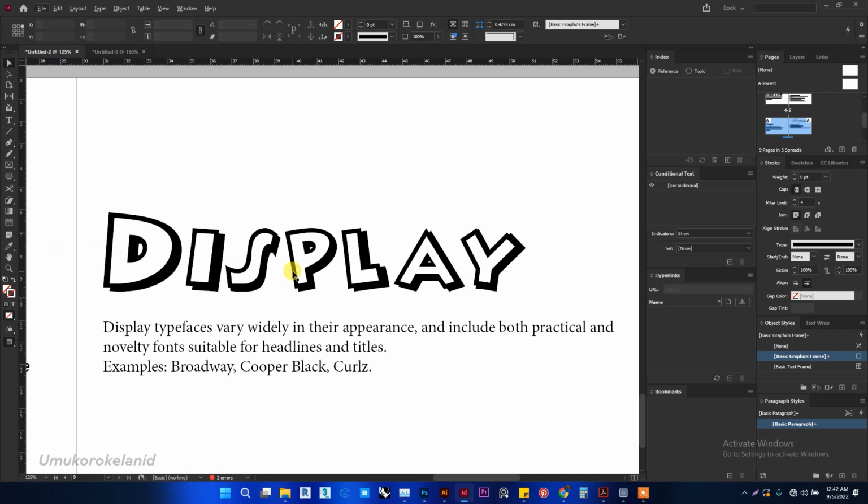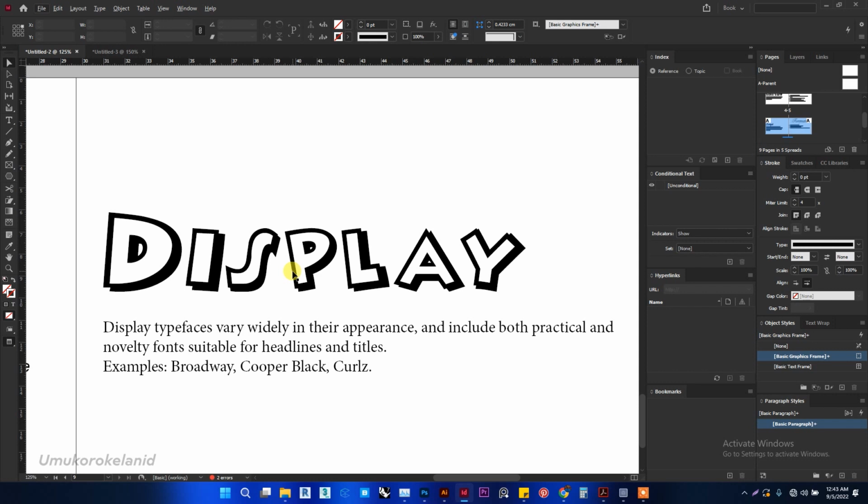I've actually mentioned that script typefaces are used for display. We also have a category classification of typeface that is called display typeface. Display typefaces vary widely in their appearance.